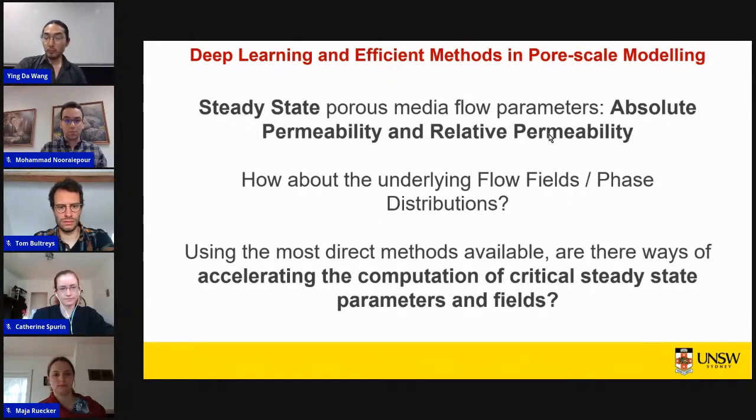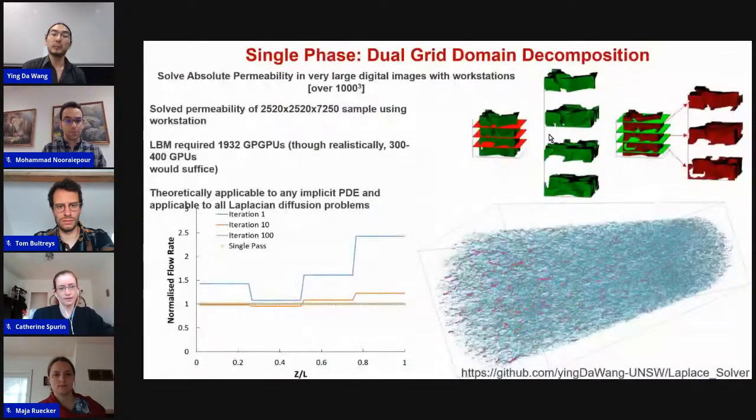One way you can do this is to use a Laplace solver. This slide describes a technique where you solve the Laplace partial differential equation using a domain decomposition scheme.